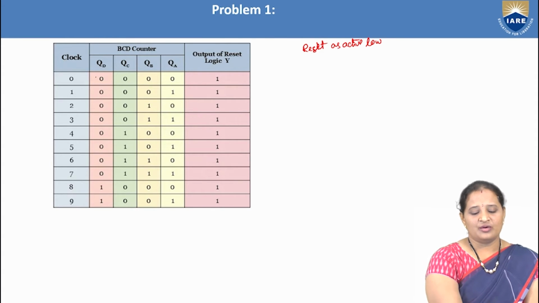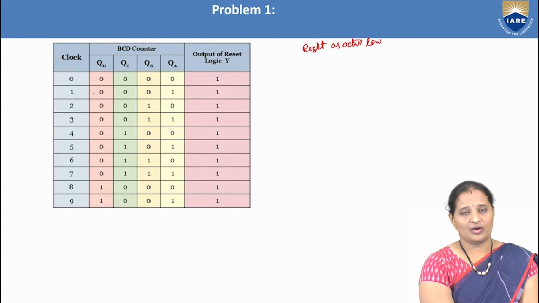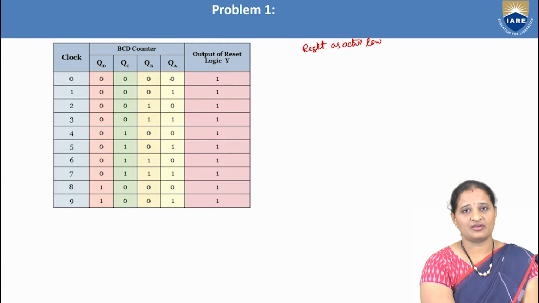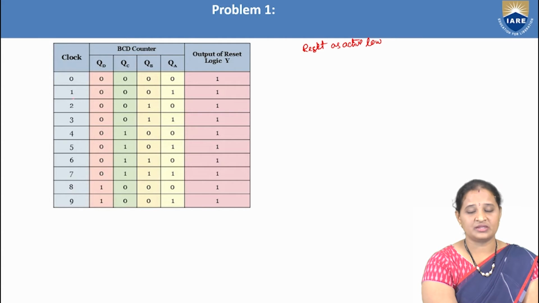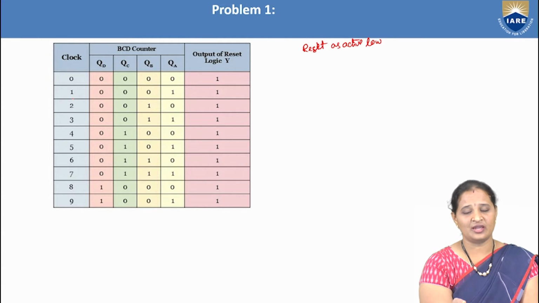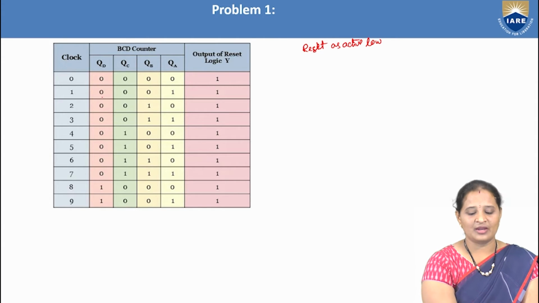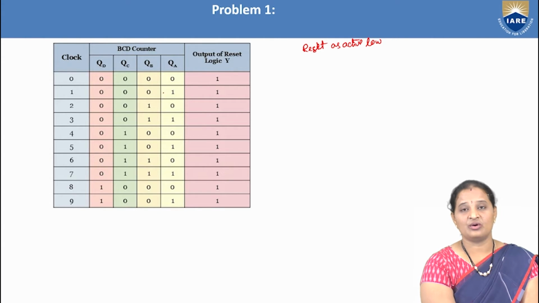Now, we already know that initially all the flip-flops are in the reset state. That is why the initial state of the counter is considered to be 0, 0, 0, 0. When the first clock pulse is applied, as we are designing a BCD counter, it has to be incremented by 1, and hence the state will be 0, 0, 0, 1.